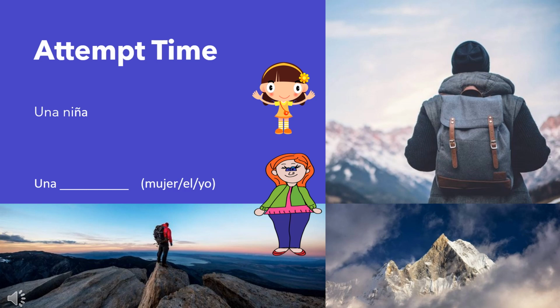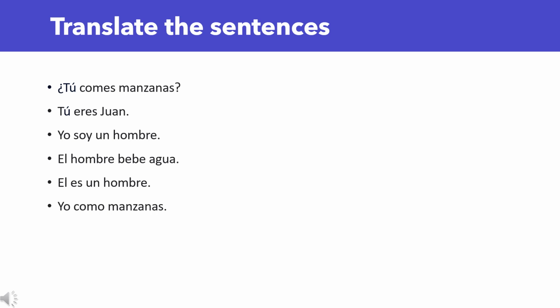Okay, now let's see translation of a few sentences. These sentences that you have to translate will help you understand how much of the Spanish words we have learned till now you remember.